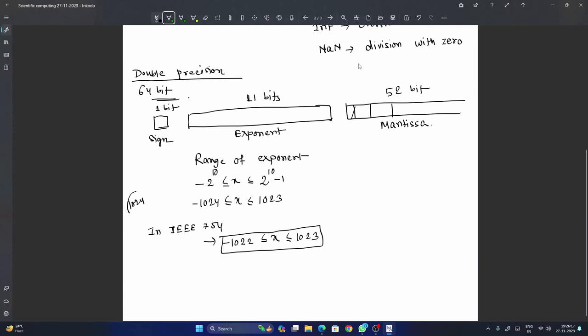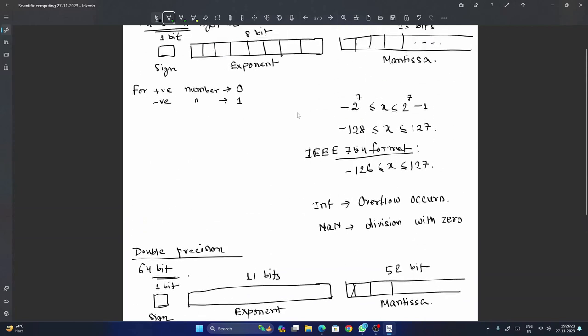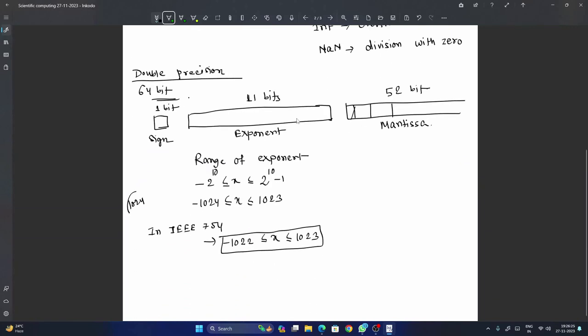But here in the IEEE 754 format, if no particular format is given, then whenever you save a value, it will only take the portion after the point from the mantissa.